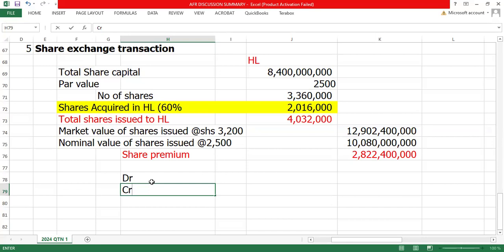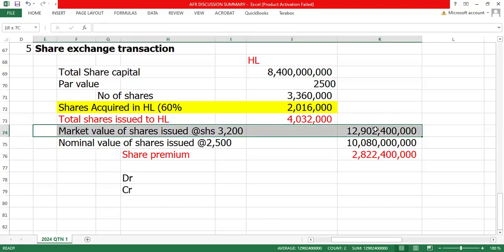You debit share capital. Of how much? Yes. Understand that this money, you have invested in HL.